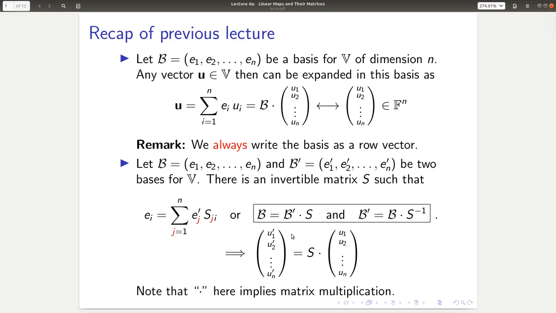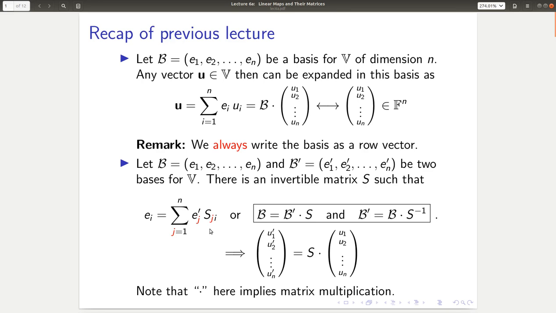So one thing we saw was that these two bases should be related by some invertible matrix. Invertible is important, and so we could write this as e_i equal to the summation over j from 1 to n of e_j prime S_ji, and so S_ji are the elements of this matrix S. And now I'm highlighting something in red here just to remind you about how you multiply matrices.